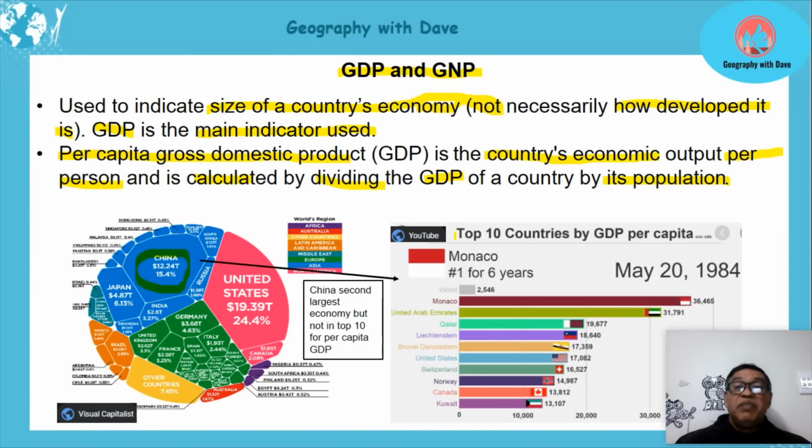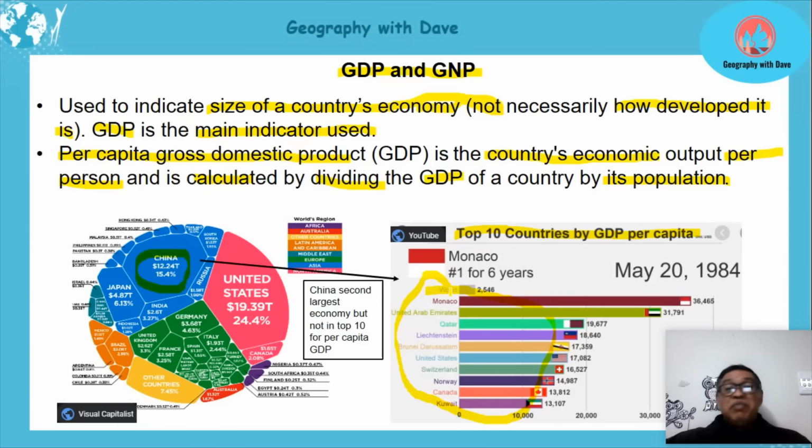All right, but look at the top 10 countries' GDP per capita. It doesn't even appear here. So it may have a large economy because it has a lot of people. You understand? Over 1.3, 1.4 billion people or more and counting.